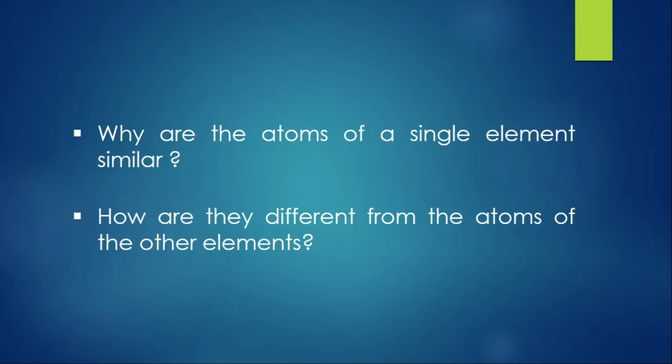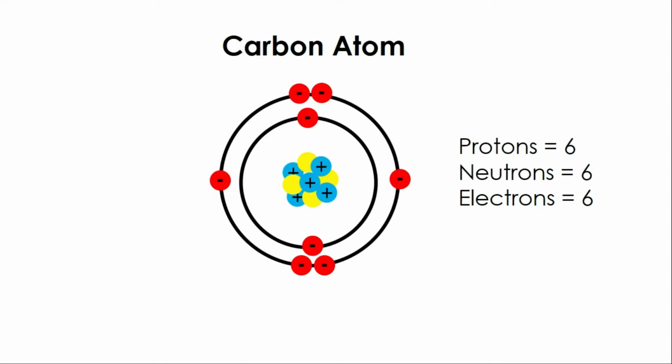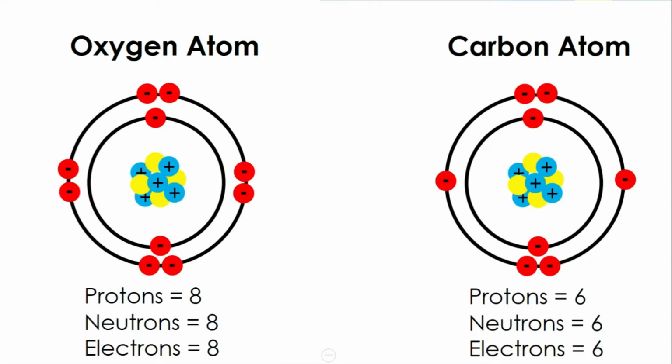Like for instance, an atom of oxygen contains 8 protons, 8 neutrons, and 8 electrons, whereas an atom of carbon has 6 protons, 6 neutrons, and 6 electrons. And this difference in the number of these subatomic particles makes a carbon atom different from an oxygen atom.